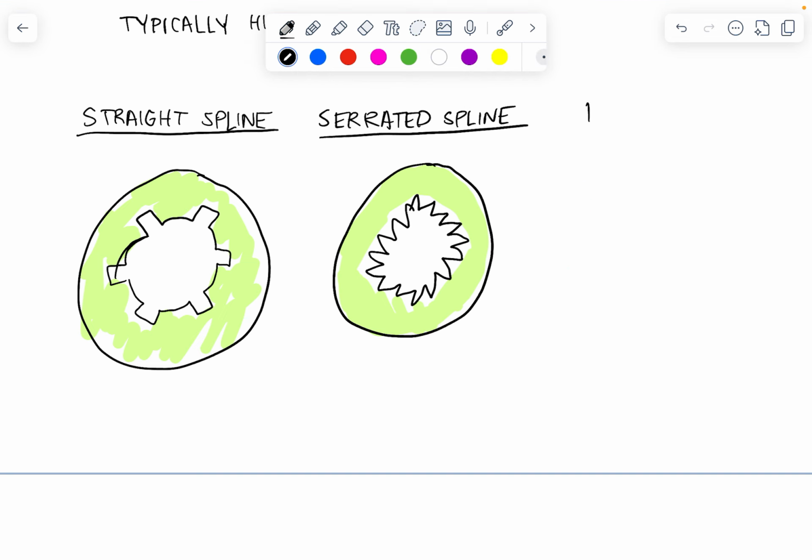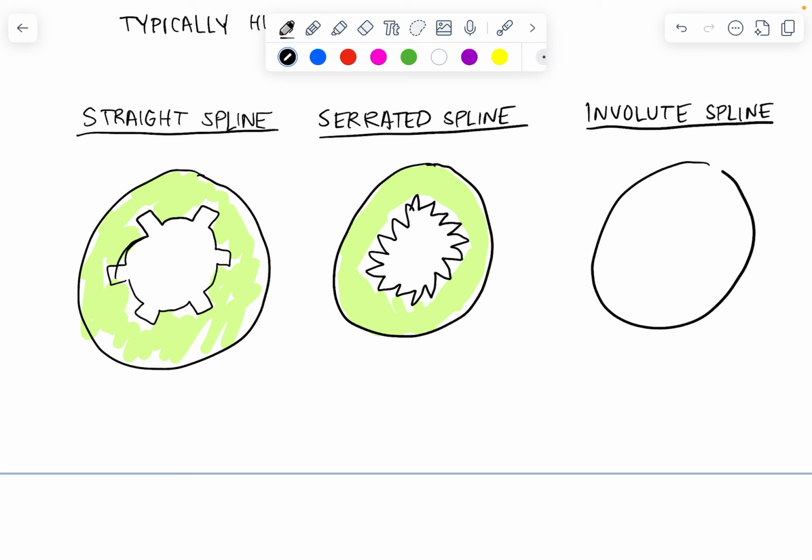Okay, and finally, the involute spline. We haven't talked yet about what an involute is. The shape of an involute is something very specific that we'll talk about when we get to gear teeth. But for now, all you really need to know for this shape is that it's sort of like the straight spline, but with these rounded edges that I am really struggling to draw.